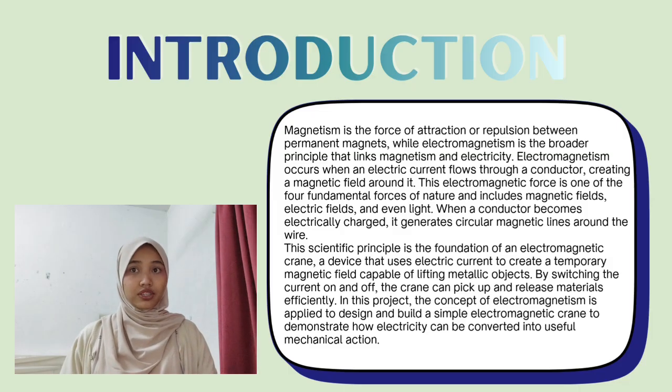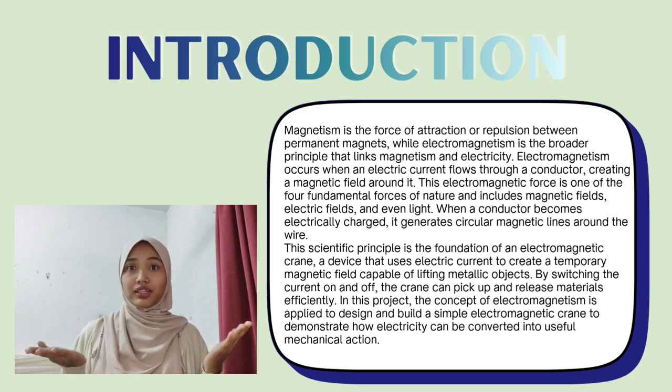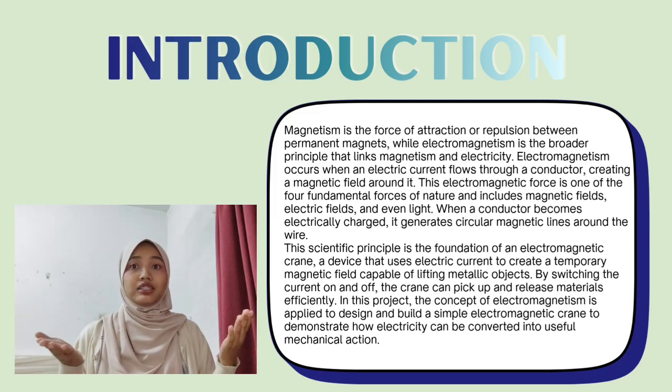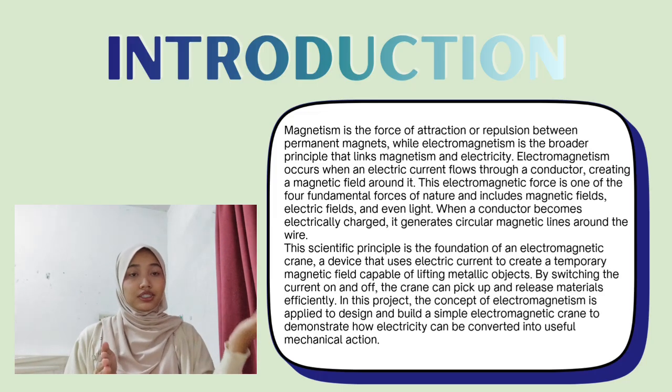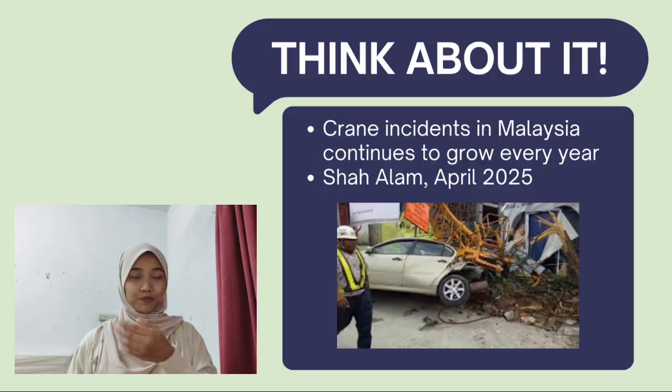By switching the current on and off, the crane is able to pick up and release materials efficiently. In this project, electromagnetism is applied to design and build a simple electromagnetic crane to demonstrate how electricity can be converted into useful mechanical action.